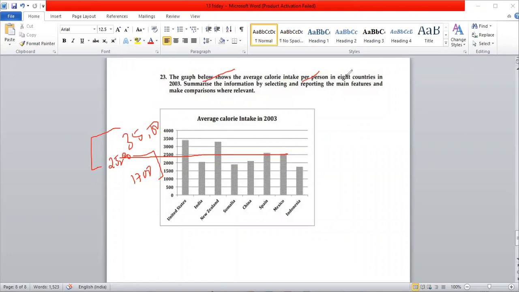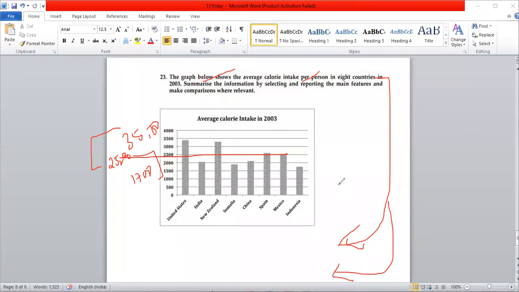We cannot copy this, and we need to write something different here. And we have to describe the whole picture in the overview. So first, let's see the introduction, then we move on to the overview, and then the 2 paragraphs we have seen here.